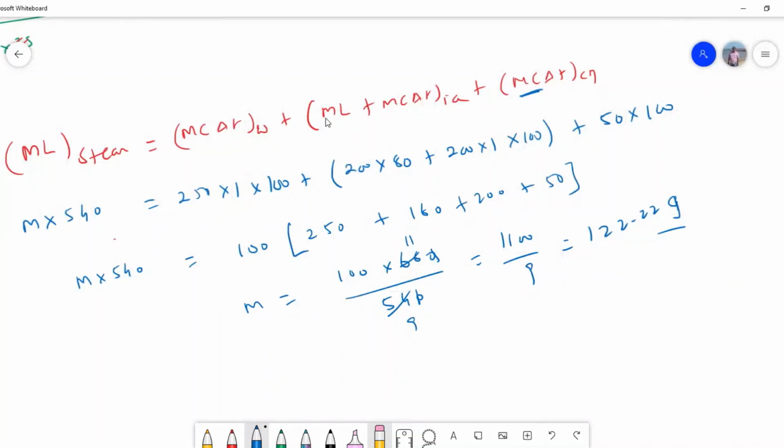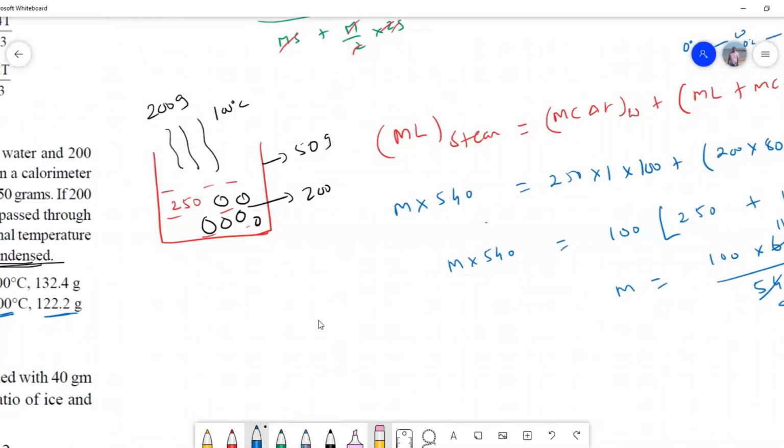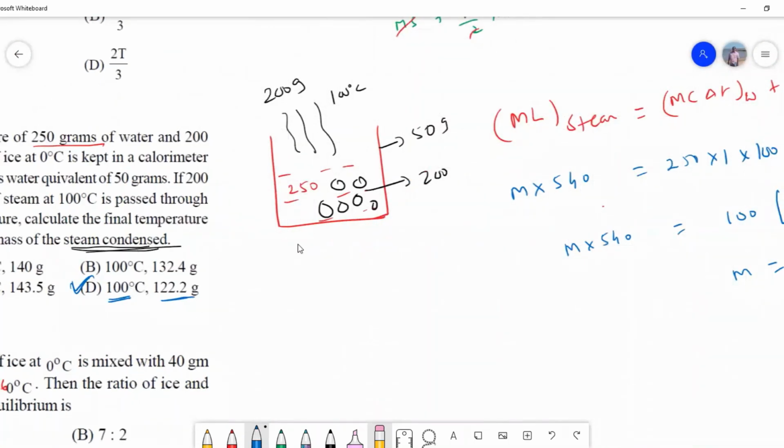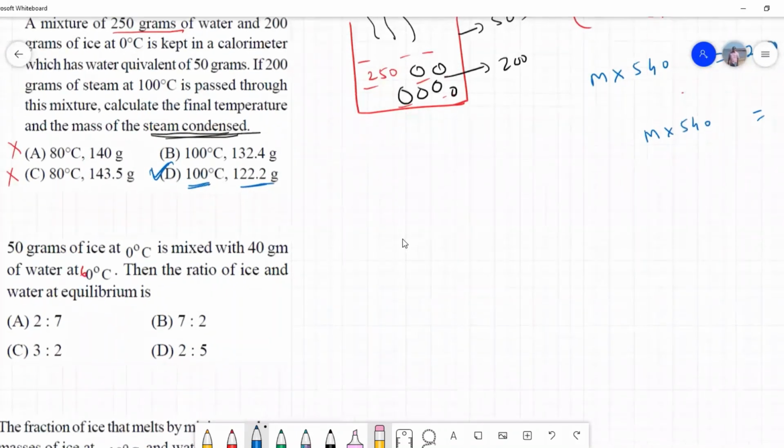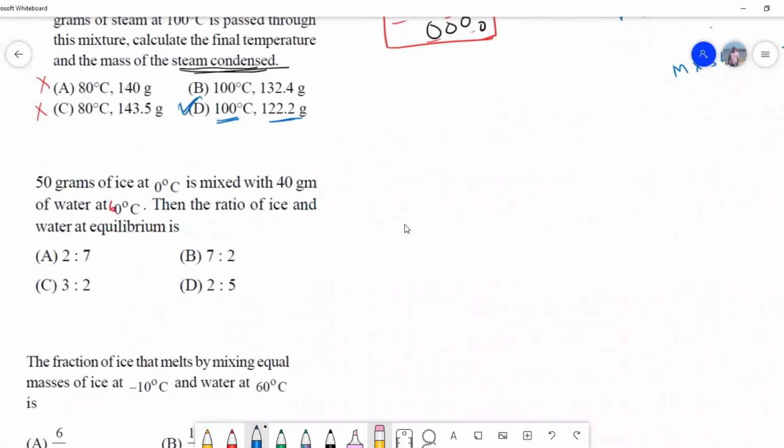For ice, initially at 0 degrees centigrade, ice at 0 becomes water at 0, then this becomes water at 100. That's why you get 2 steps here. So whenever uncondensed steam is there, it means the temperature is always 100 degrees centigrade. In some problems, they say that there is water and there is some ice, then the temperature is 0 degrees centigrade.